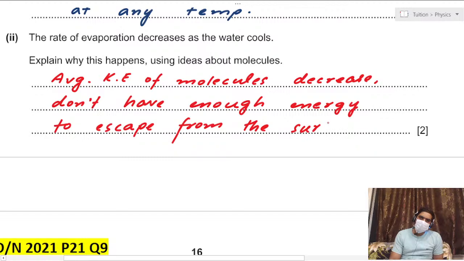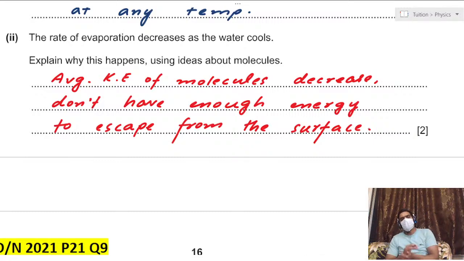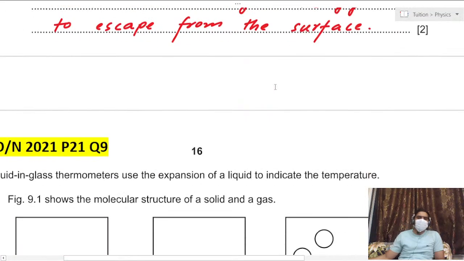It's evaporation, that's why we are writing in terms of the surface. Had it been boiling, we would have said escape from the liquid or through the liquid. The particles with greater energy have already escaped. Okay, very good.